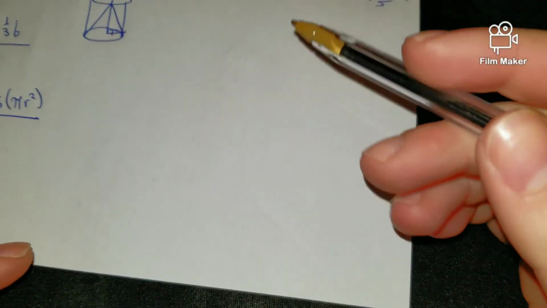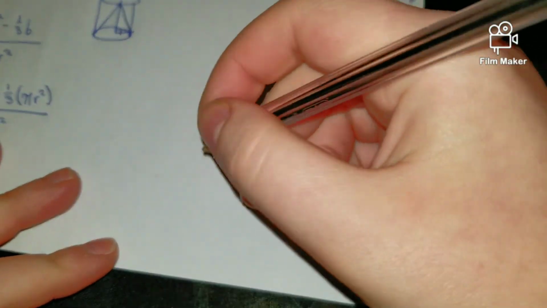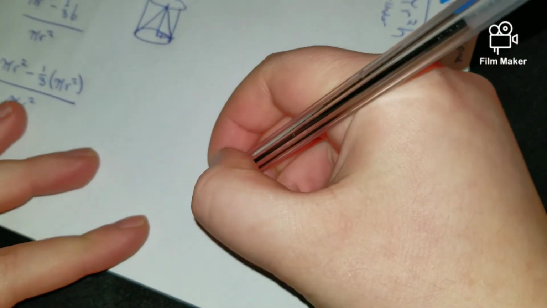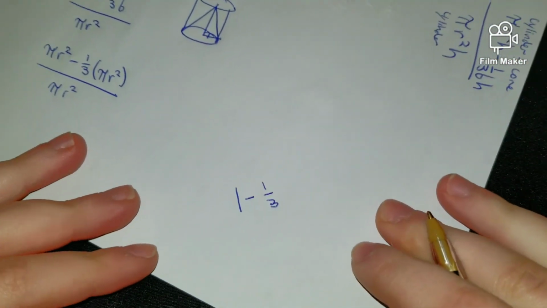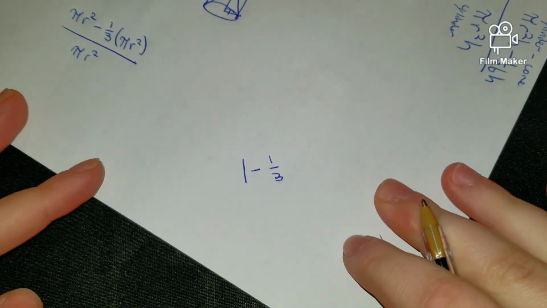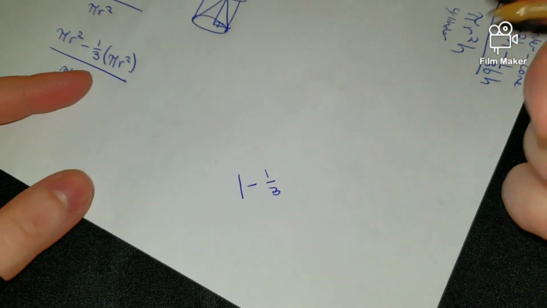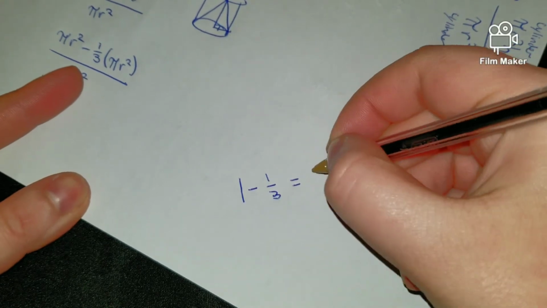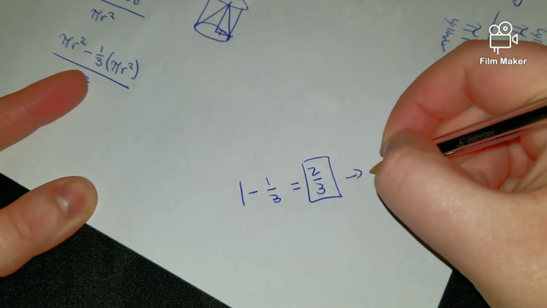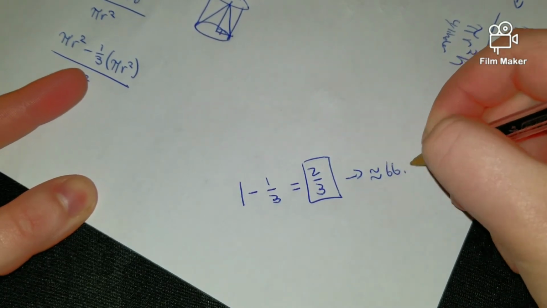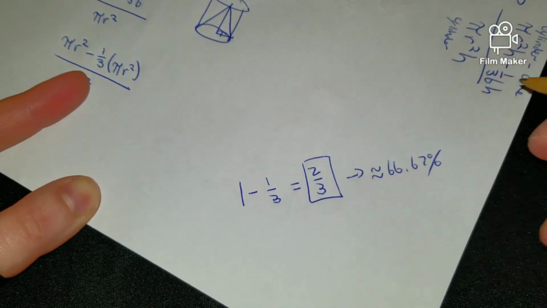Alright guys, we've finally reached our end and we've been left with 1 minus 1/3. We can use subtraction, and we get that our answer is a probability of 2/3, which is also roughly 66.67%.